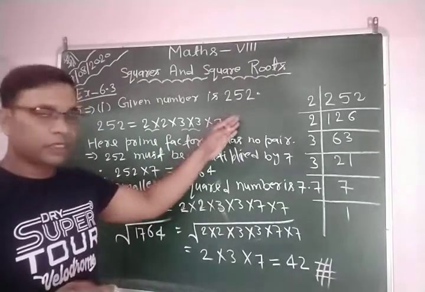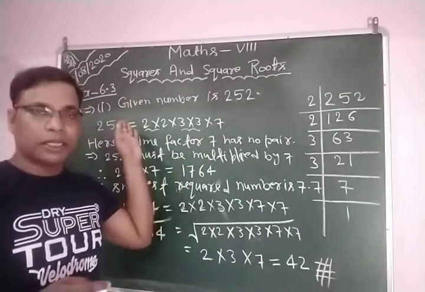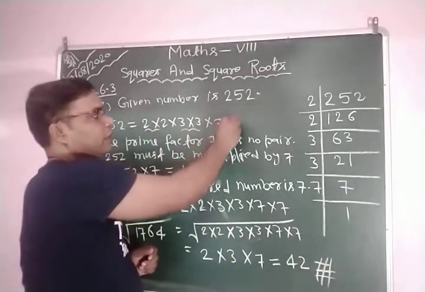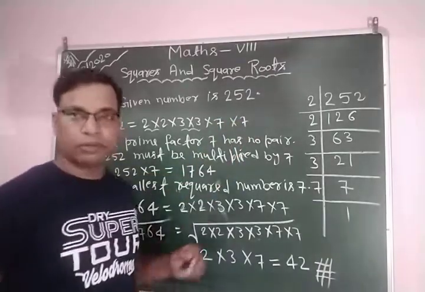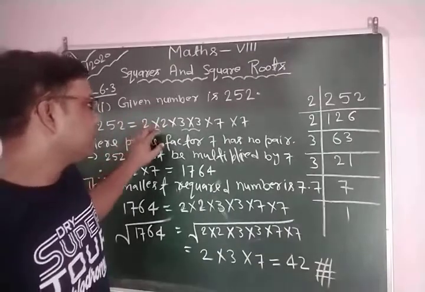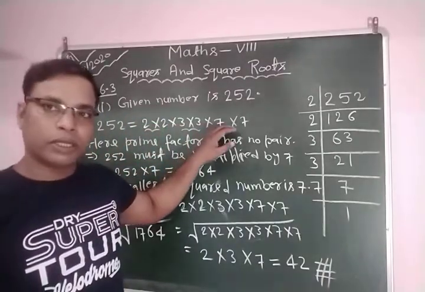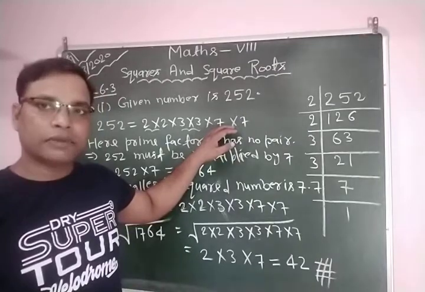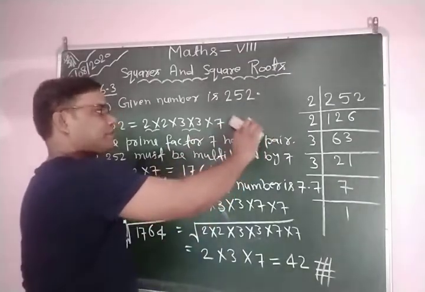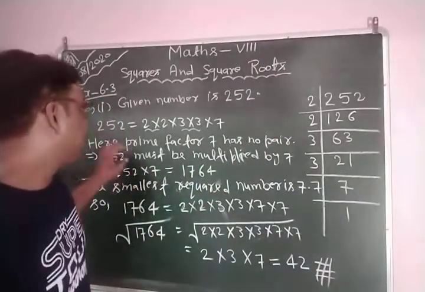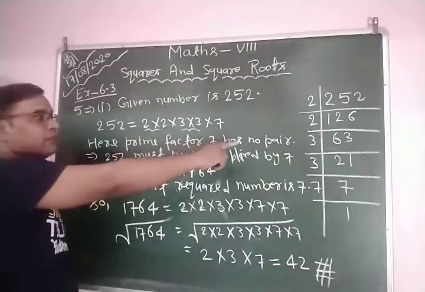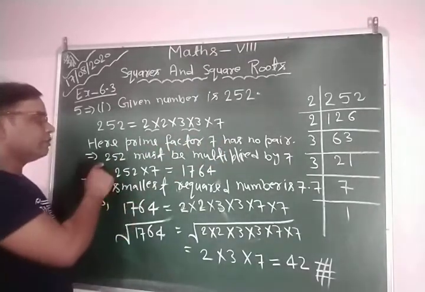If we multiply by 7, then 7 also becomes a pair, and this number becomes a perfect square number.